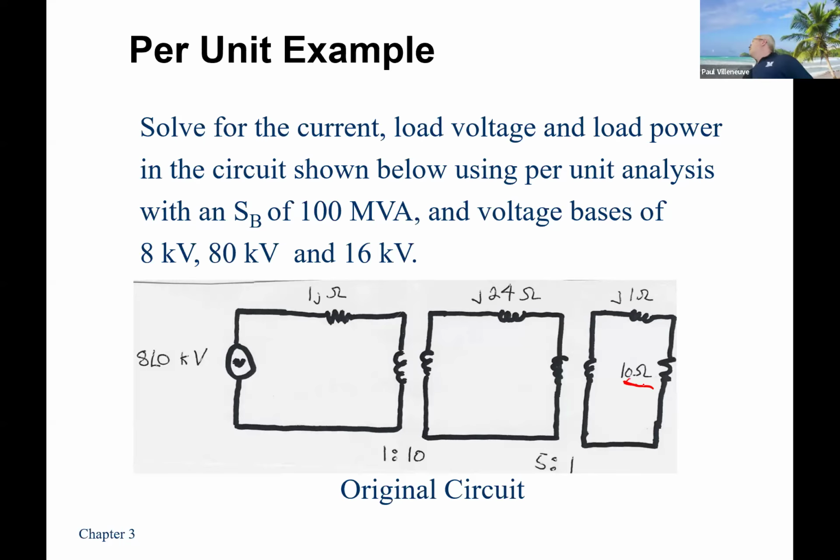Does anybody have any issue with the fact that the transmission line has 24 times the reactance that the transformers have? It's a big number, right? When you think about 24, you don't think that much, but if it's 24 times more, do you have any problem with that? Does anybody have any issue with that transmission line being such a large impedance relative to those transformers?